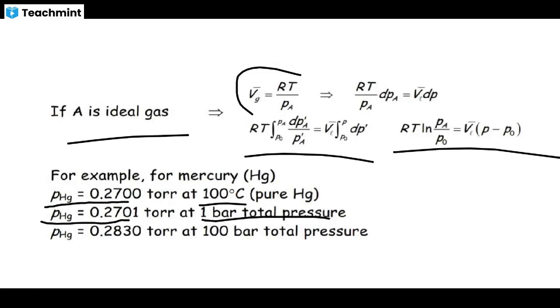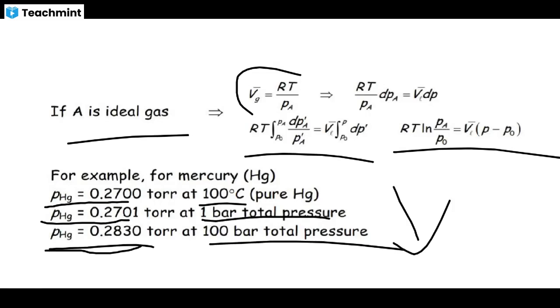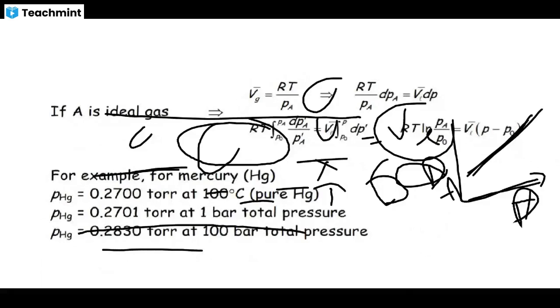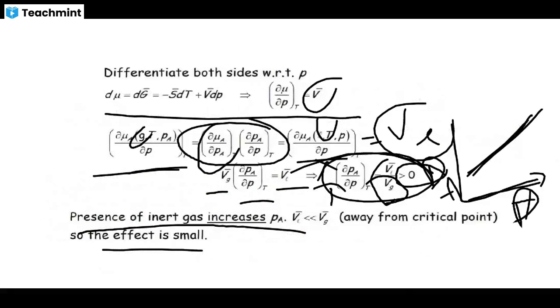That means that when increasing the pressure, the partial pressure increases but not very much: 0.2701 to 0.2830. So for a 100 bar increase, the partial pressure changes very slowly. Using this relation you can say that it is very small, so increasing the pressure does not increase the partial pressure very much.